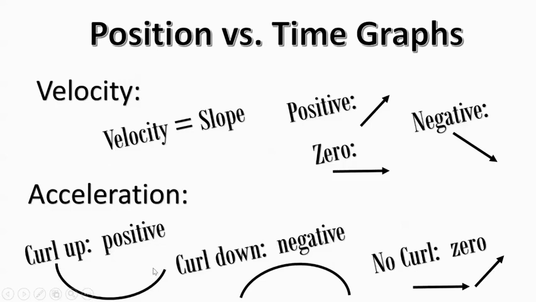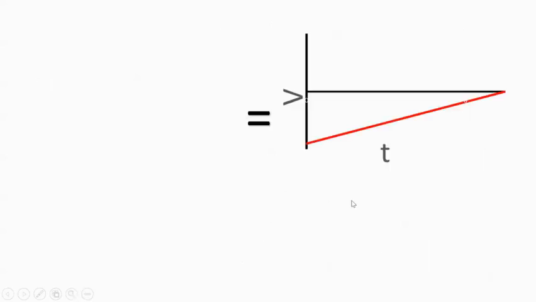A line that curls upward has positive acceleration, and a line that curls downward means the object has negative acceleration. Some people say that a smiley face is positive, a frowny face is negative. So if you can imagine that your position graph is part of a smiley face, then you have a positive acceleration. If you can imagine that it's part of a frowny face, either the left or the right or both, then you have negative acceleration.